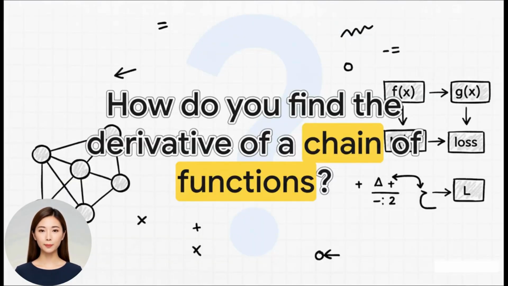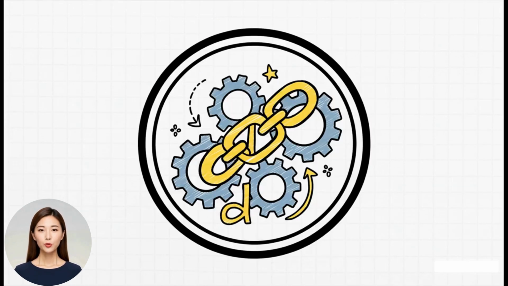Our goal is to see how a tiny change in any one of those weights affects the final loss. That means we need to find the derivative of the loss with respect to that weight. So how do you find the derivative of a chain of functions? If you've taken a calculus class, you're probably yelling the answer right now. It's the chain rule. This single tool is what makes all of backpropagation possible.